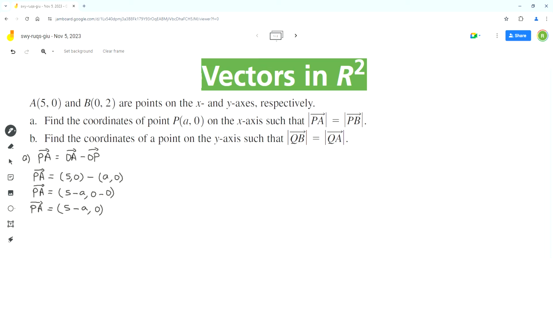Now we can find the magnitude of vector PA. So we'll square the components, add them, and put the sum under the square root. Now 0 squared is equal to 0 and the 0 will go away.